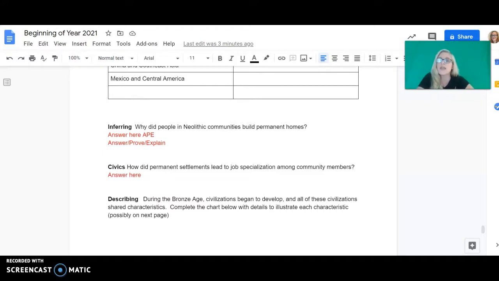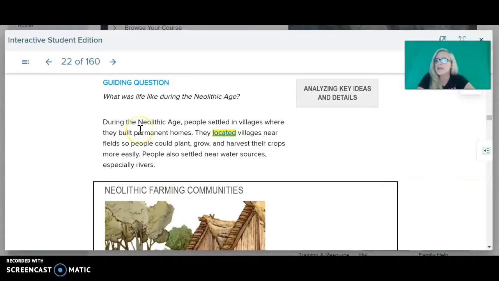So if we skip back, let me read it one more time. During the Neolithic age, people settled in villages where they built permanent homes. They located villages near fields so people could plant, grow, and harvest their crops more easily. People also settled near water sources, especially rivers.